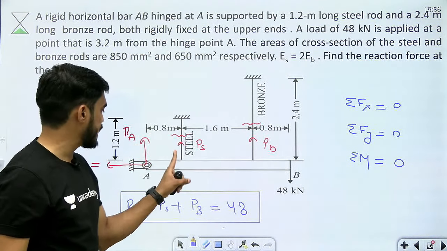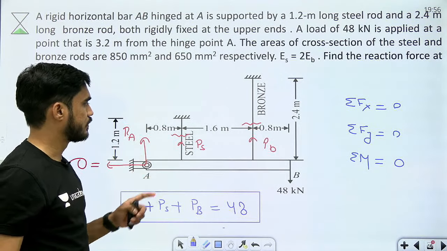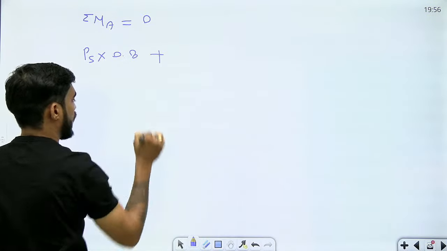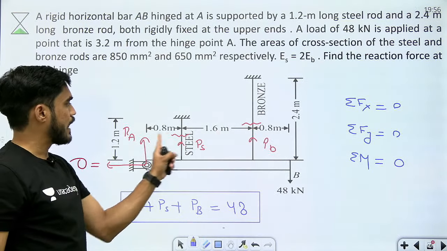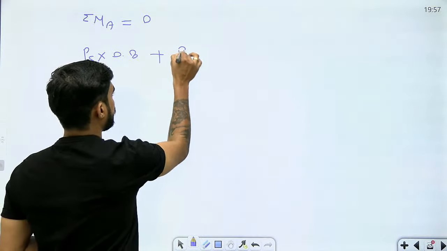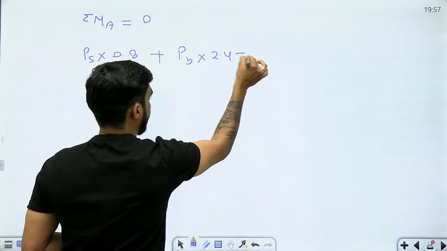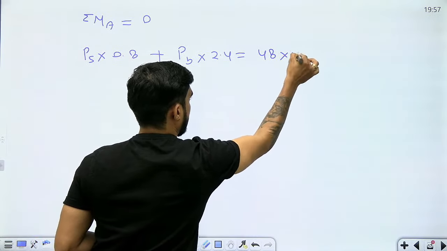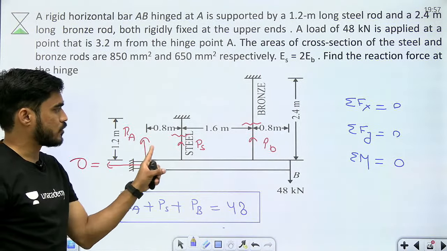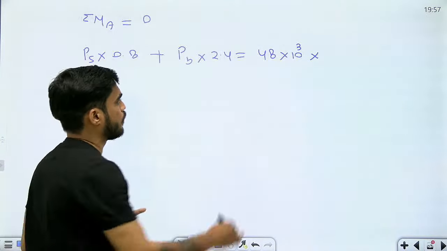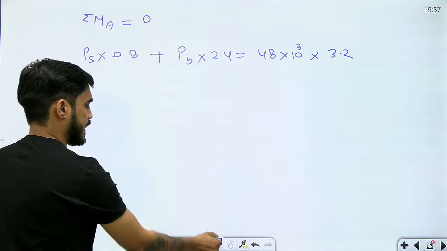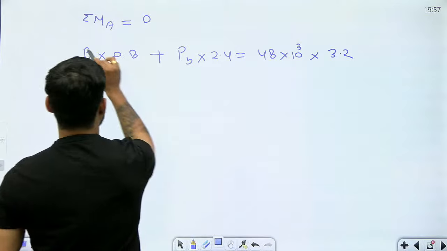I will get Ps multiplied by 0.8 plus Pb multiplied by 1.6 plus 0.8, which is 2.4, equal to 48 kilonewton multiplied by the total distance: 0.8, 0.8, 1.6 plus 1.6, 3.2, right? So this is another equation.